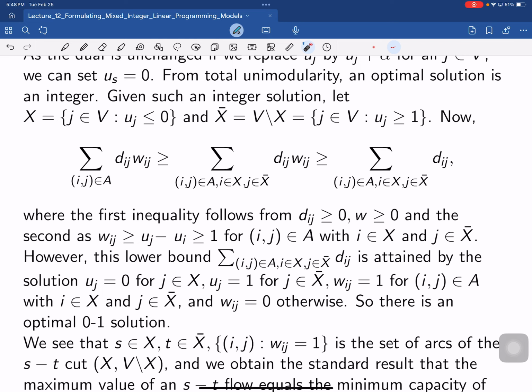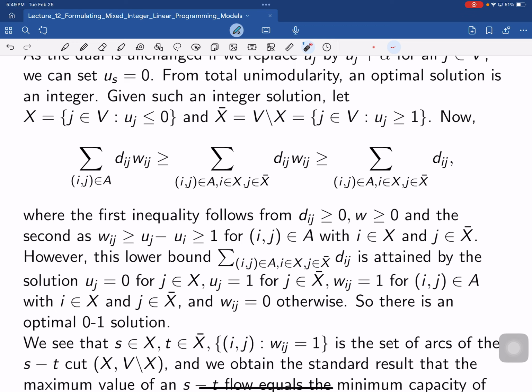So this is the lower bound of the original problem. But if you can show there exists a solution that obtains this lower bound, then it is a feasible solution. The way you can show that is to set all the uj's to 0 in the set X and all the uj's to 1 in the set X bar, and wij equals 1. Then you can show that that's a feasible solution to that problem.